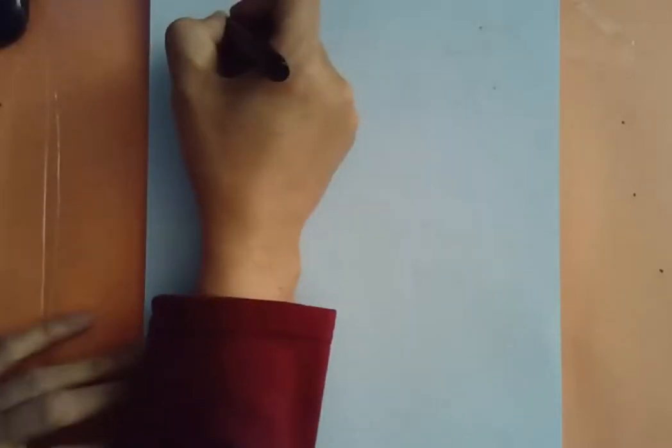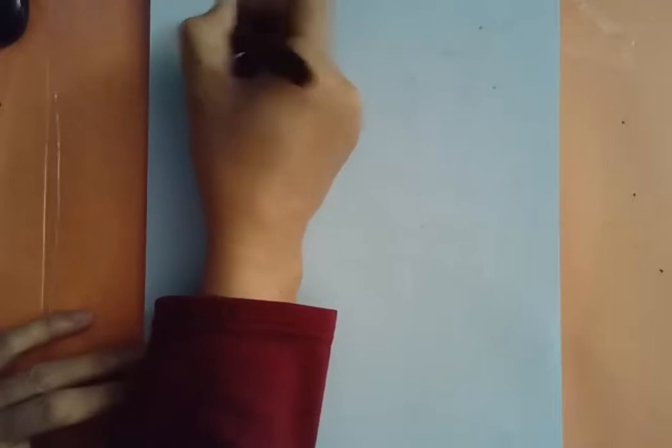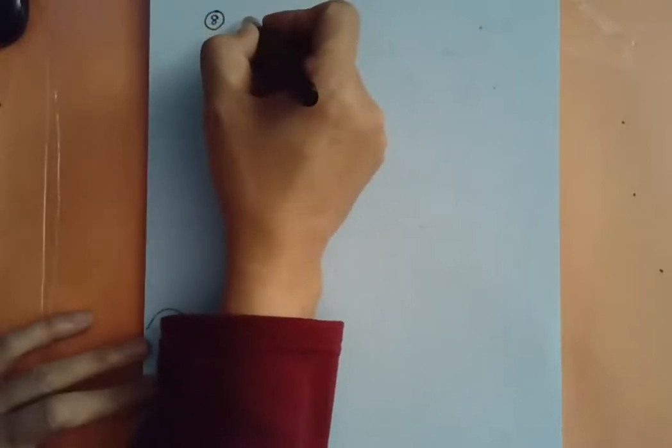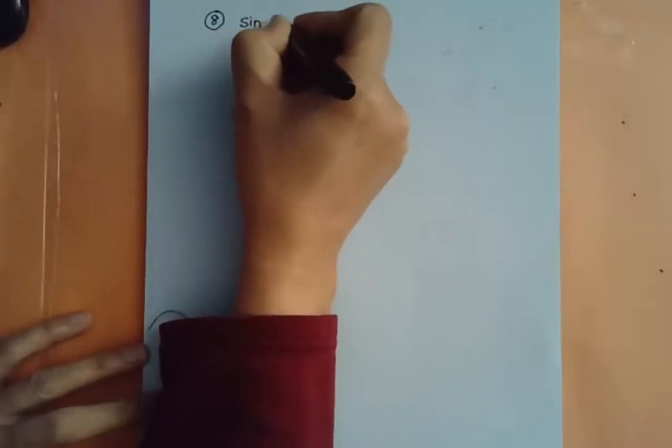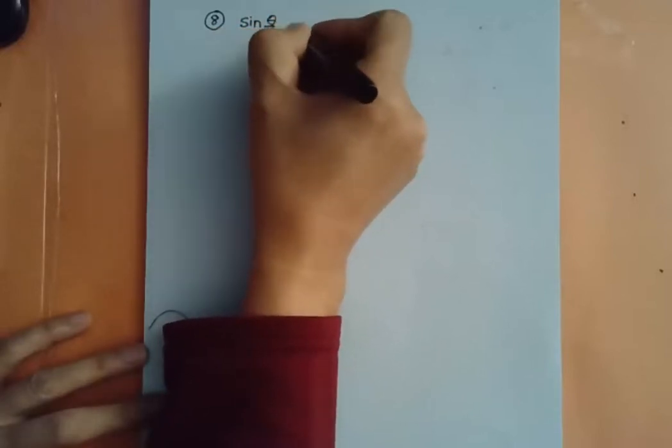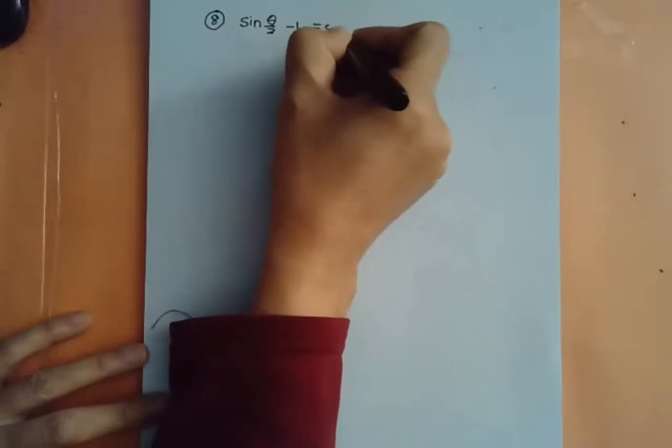We are continuing with solving trigonometric equations. The problem is sine of theta over 2 minus 1 equals 0.